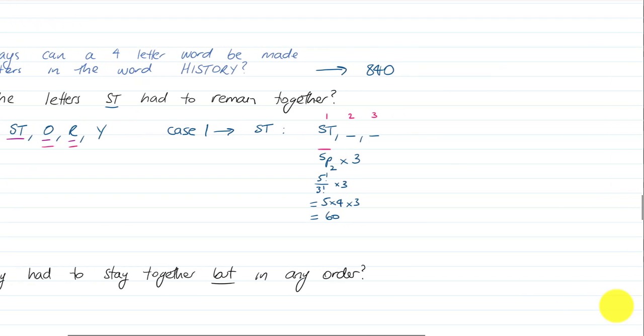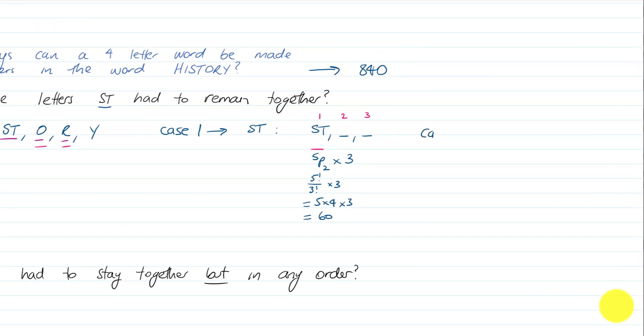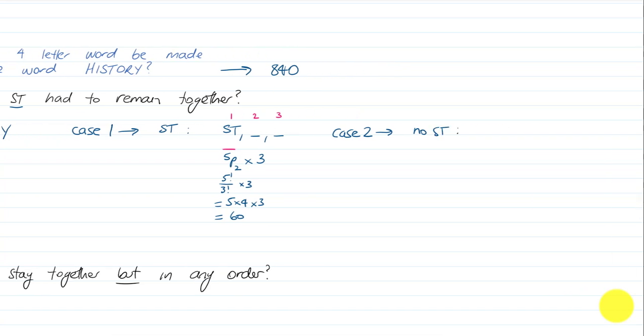And then we have case 2, which we'll do on the side here. Case 2 is ST is not in. So no ST, which means that now we have to choose 4 separate letters from the 5 that remain. So this is 5P4, and we don't have to worry about multiplying by anything like 3, because the ordering is already accounted for in the P notation. 5P4 is equal to 5 factorial over 5 minus 4 factorial, which is 1 factorial.